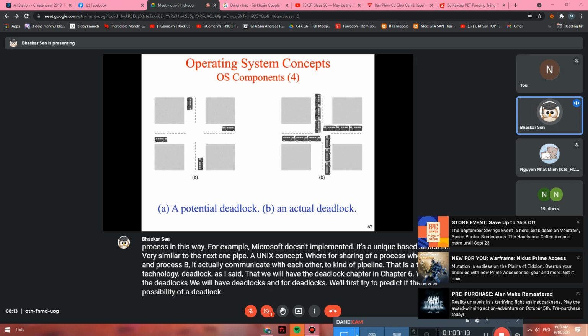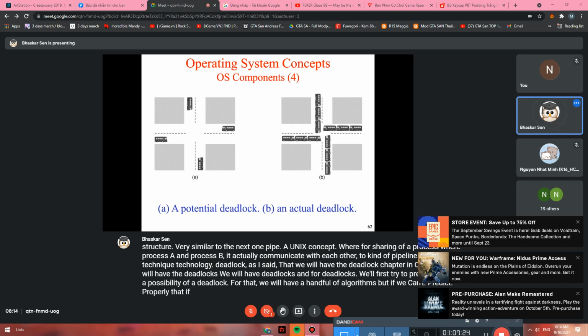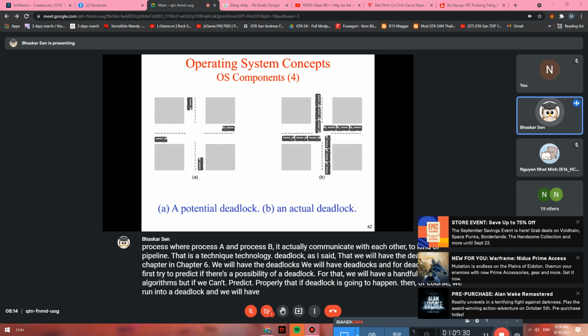For that, we will have a handful of algorithms. But if we can't predict properly that a deadlock is going to happen, then of course we run into a deadlock, and we will have certain ways to deal with that.